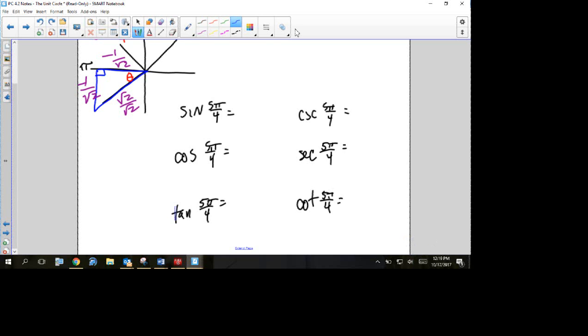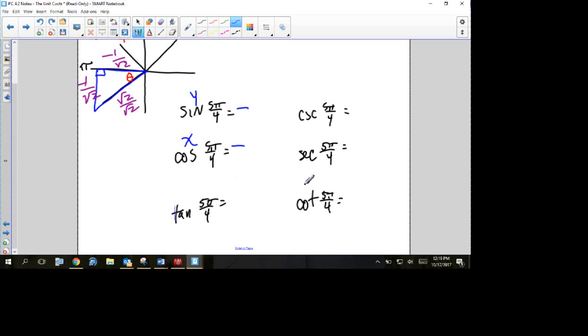Now, in the third quadrant, both x and y are negative. So when I'm looking here and I know sine is y and I know cosine is x, what do I know about their values? If it's in the third quadrant, those are going to be negative answers.